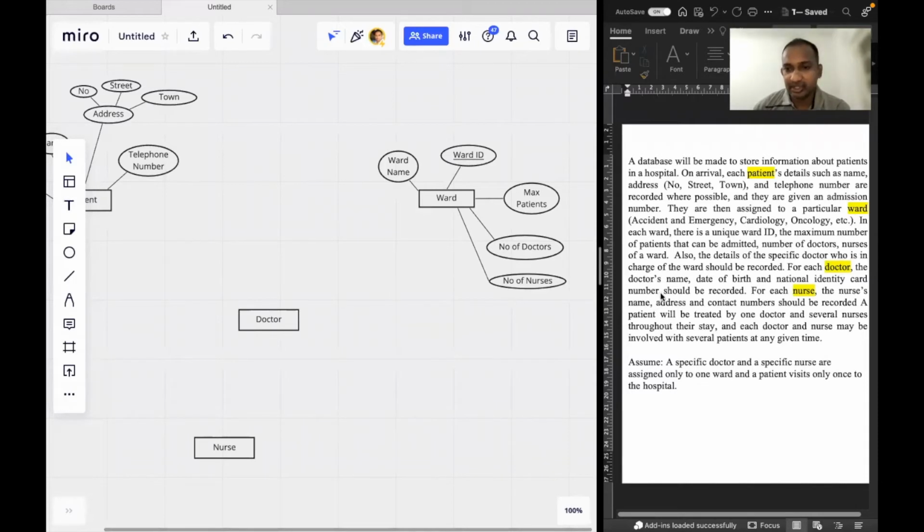Let's go to the doctor. In the doctor, you have to save the doctor's name, date of birth, and national identity card number.